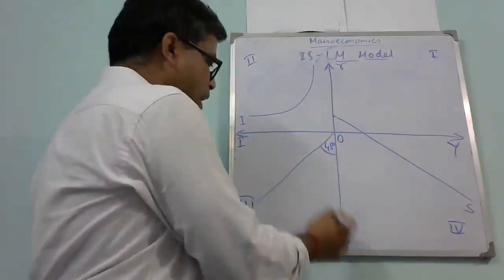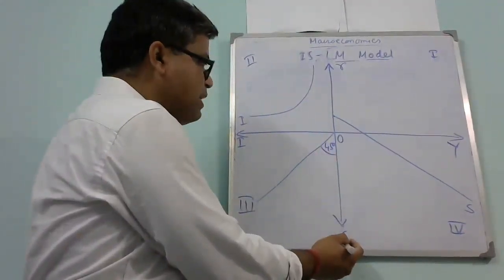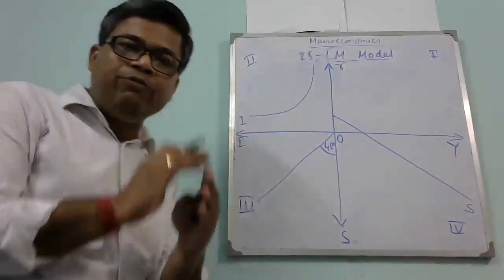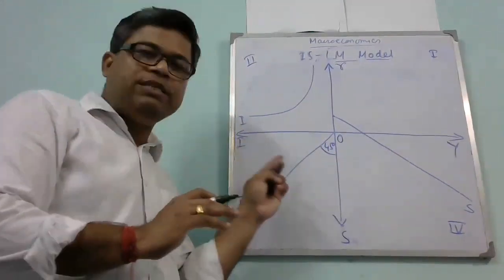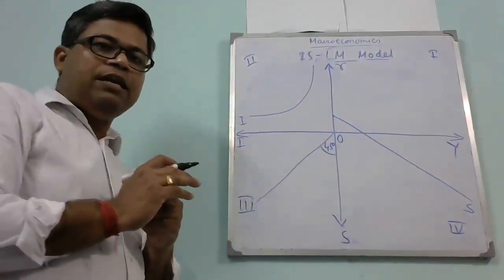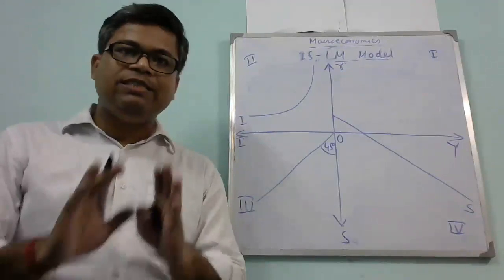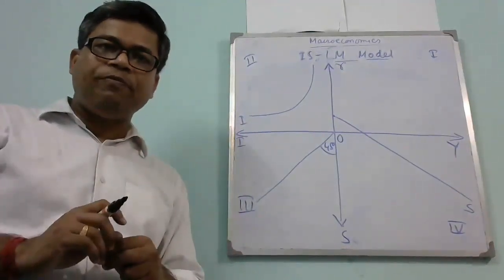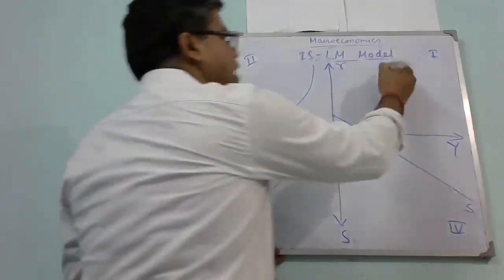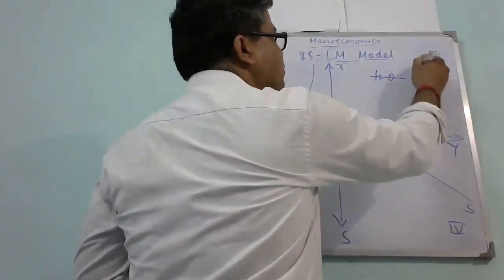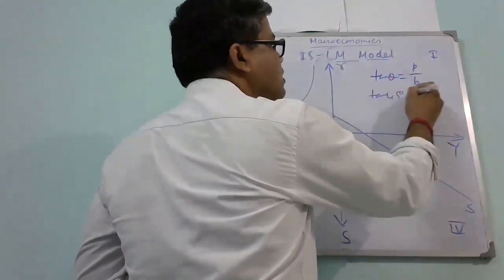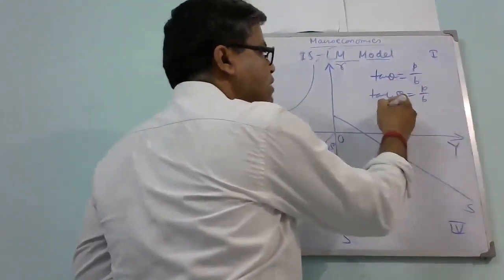Because along the vertical axis we measure savings, and along the horizontal axis we measure investment. Now, if you take any point on this 45-degree line, what is tan 45 degrees? Tan theta equals perpendicular by base. Putting theta as 45 degrees, tan 45 degrees is 1.